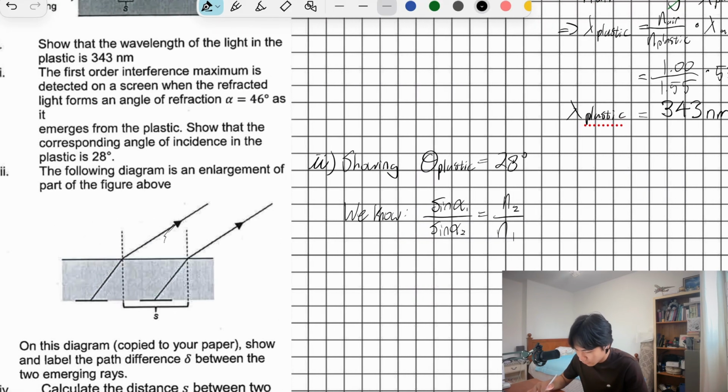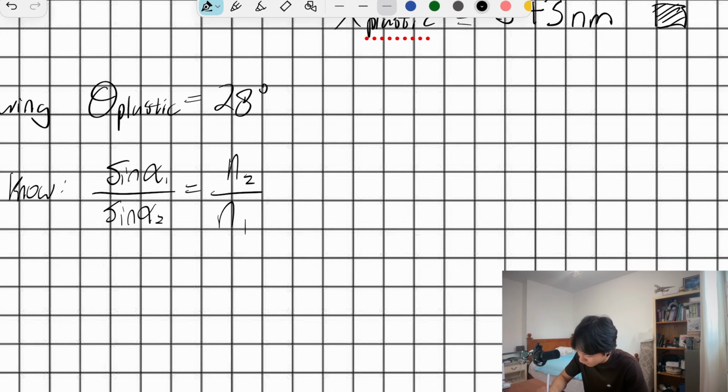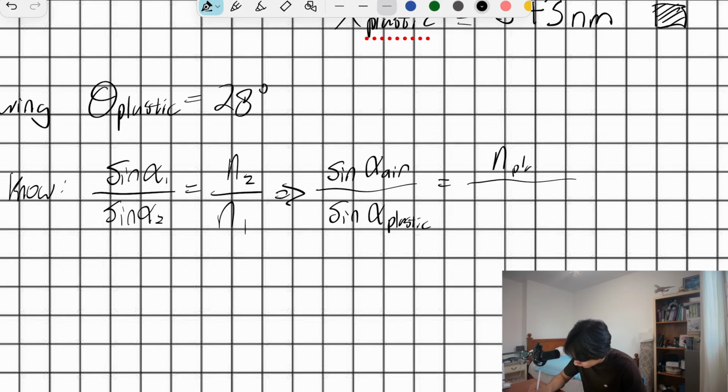So we can say sine alpha air over sine alpha plastic is equal to n plastic over n air.